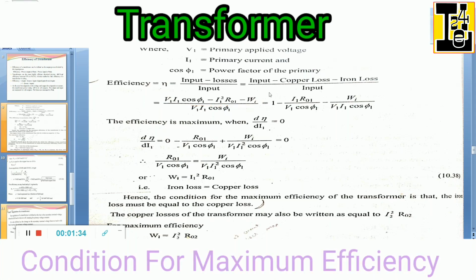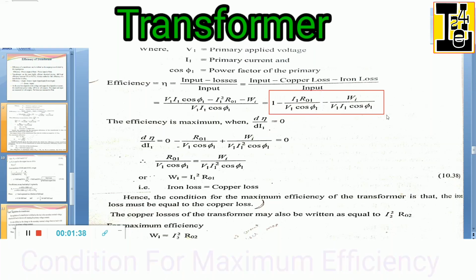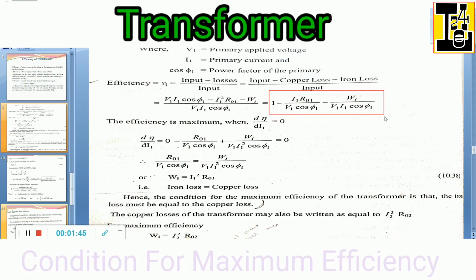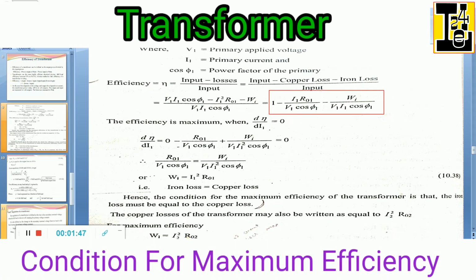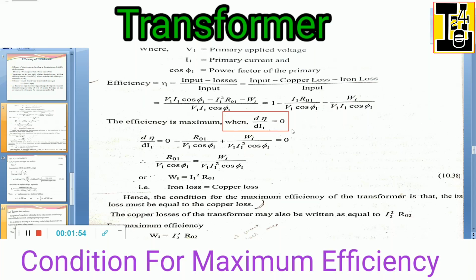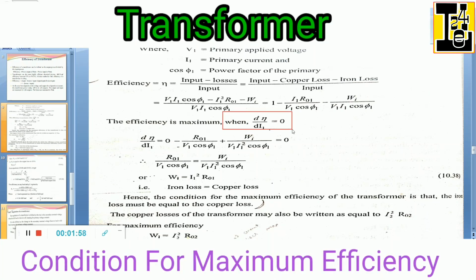Hence further it can be written as 1 minus I1 R01 divided by V1 cos phi1 minus Wi divided by V1 I1 cos phi1.